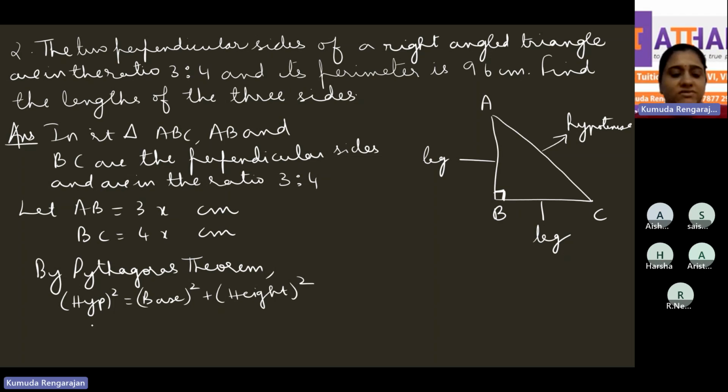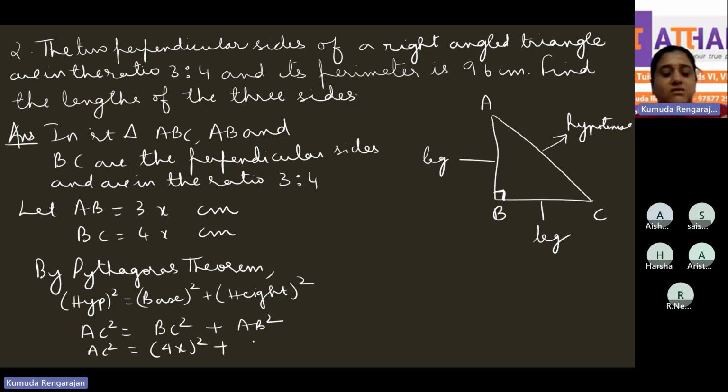So hypotenuse is AC. So AC square is equal to base BC square plus height AB square. We don't know AC square, it is equal to BC, which is 4x, the whole square, plus AB, which is 3x, the whole square.